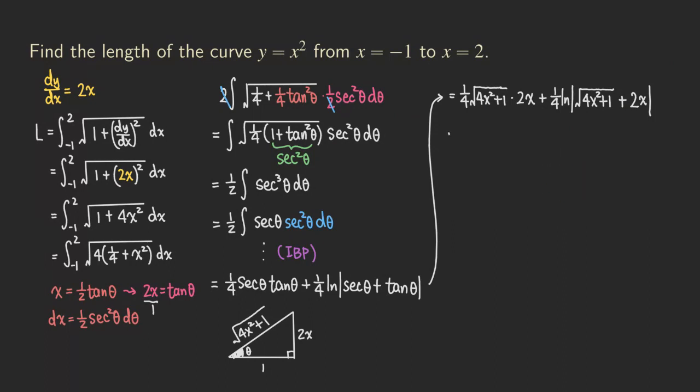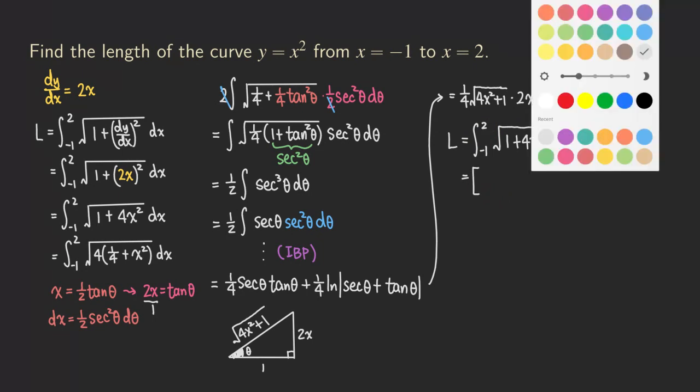Now, going back to the definite integral, we have negative 1 to 2, right, of this integral, square root of 1 plus 4x squared dx. And that's really just evaluating this expression right here at 2 and then also at negative 1, and then you subtract them. So you are going to be getting, let's just start canceling some stuff right here.